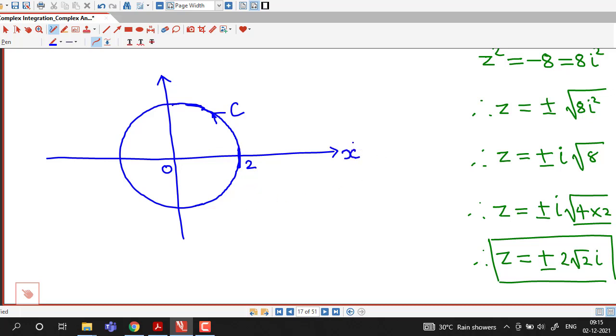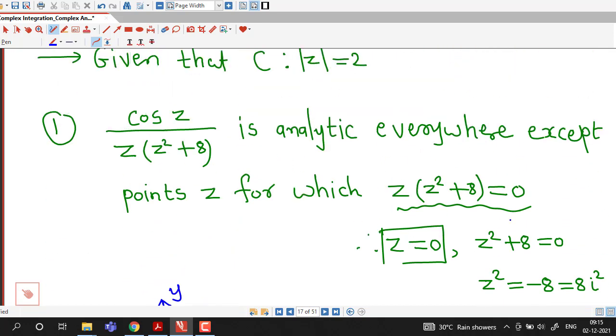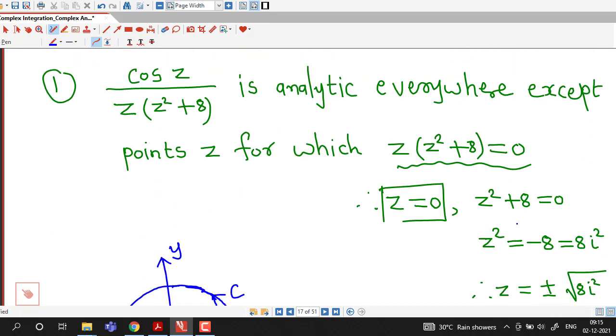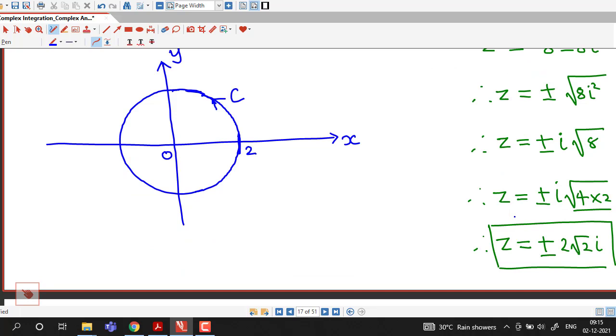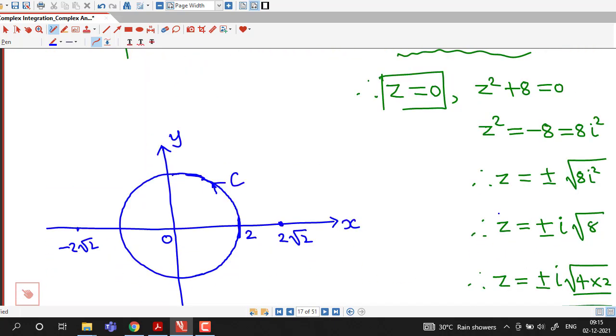This is just a rough sketch for understanding. This is the x-axis, this is the y-axis. The function is not analytic at z equal to 0 and z equal to plus or minus 2 root 2 i. Now 2 root 2 is bigger than 2, so these points will be outside this circle, and z equal to 0 is inside this circle.